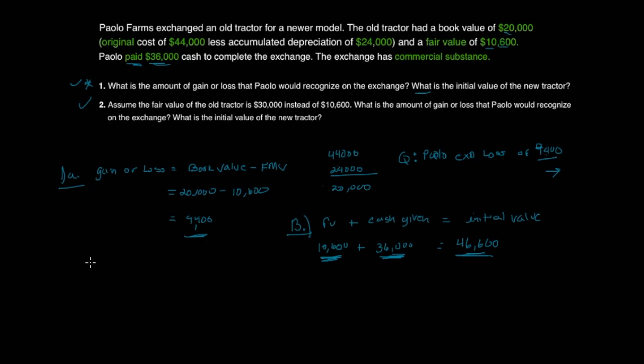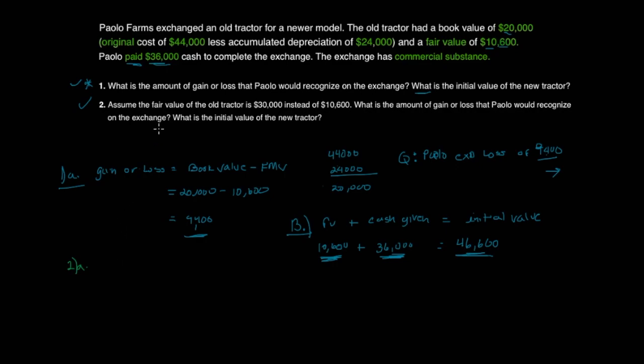Okay, part A of number two. It reads, assume the fair value of the old tractor is $30,000 instead of $10,600. What is the amount of gain or loss that Paulo would recognize on this particular exchange?